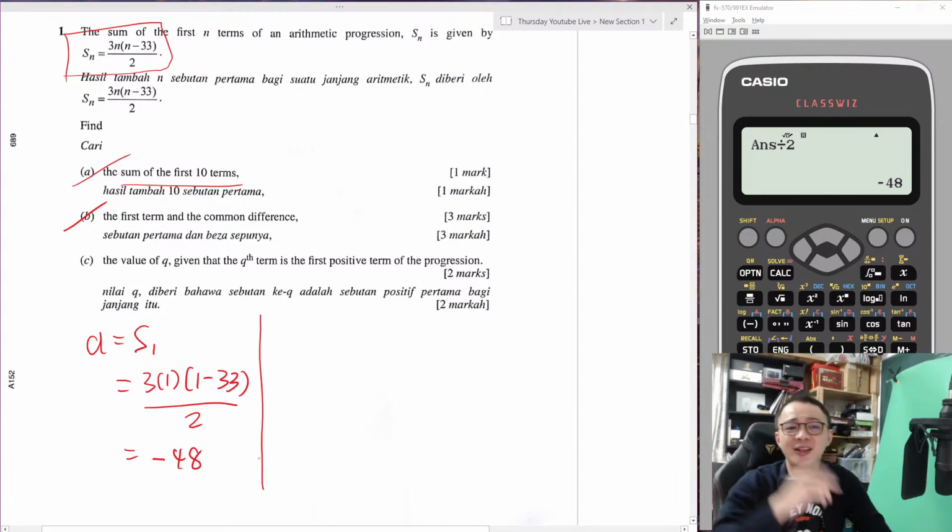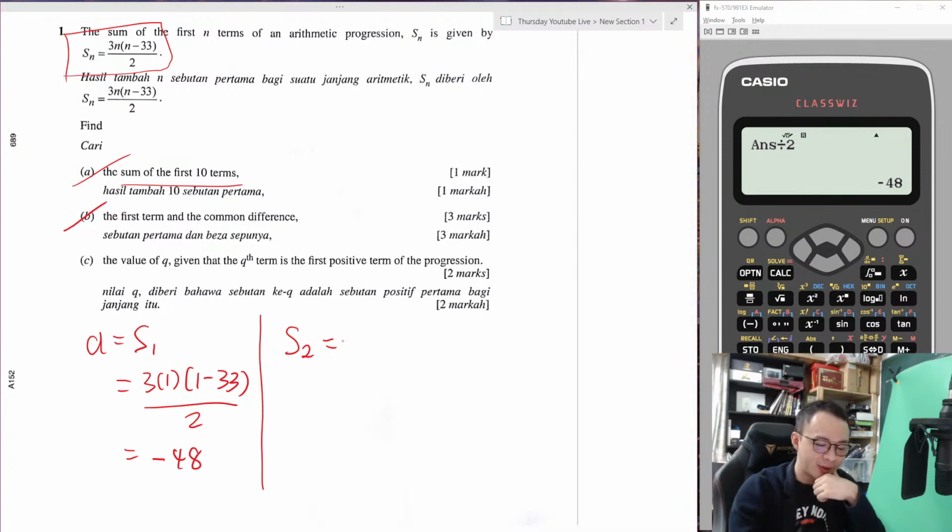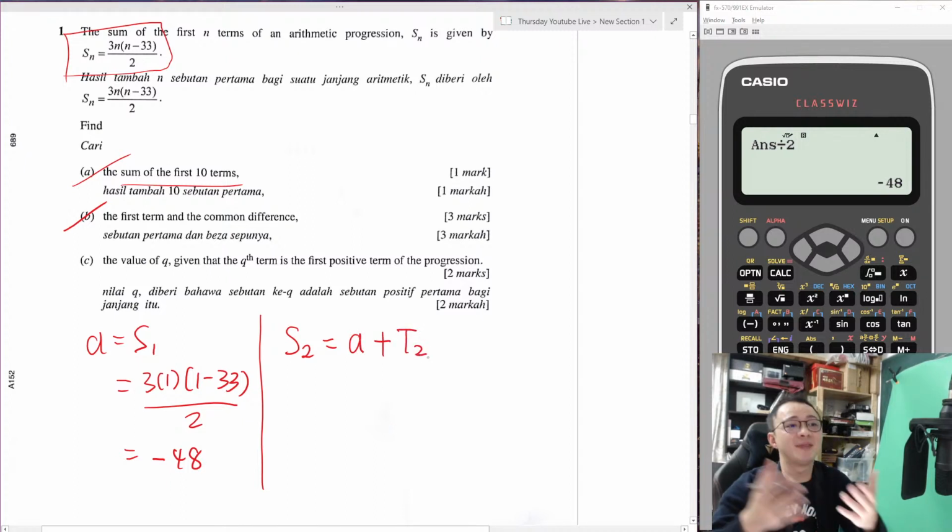Alright, in order to find the common difference, it will be slightly more complicated. What I want to do now is S2. S2 is basically the sum of the first term and the second term, so the first term A plus the second term T2. First term and second term added together we call S2.